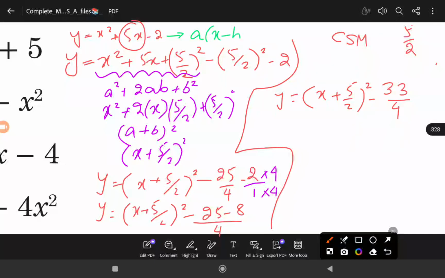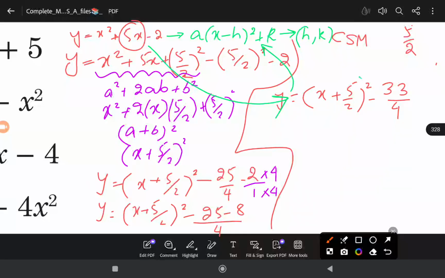For the turning point, we need to convert this quadratic equation into the general form: bracket x minus h whole square plus k. If we convert the quadratic equation into this form, we can get the turning point in the form h, k, the coordinates of the turning point.